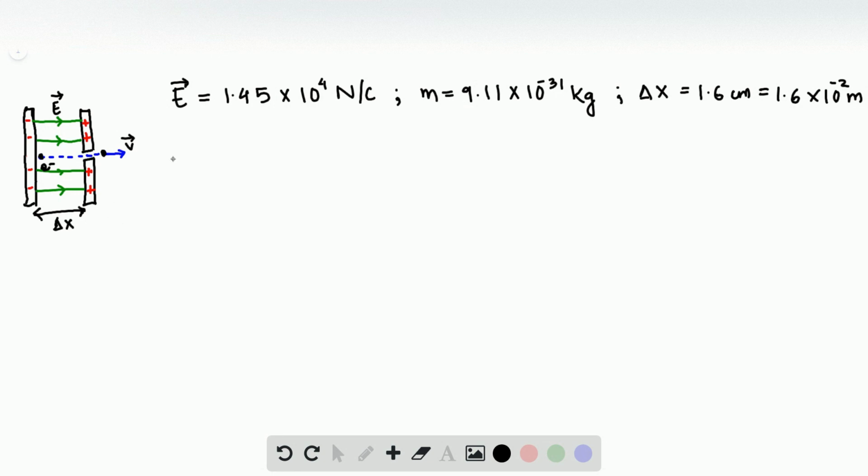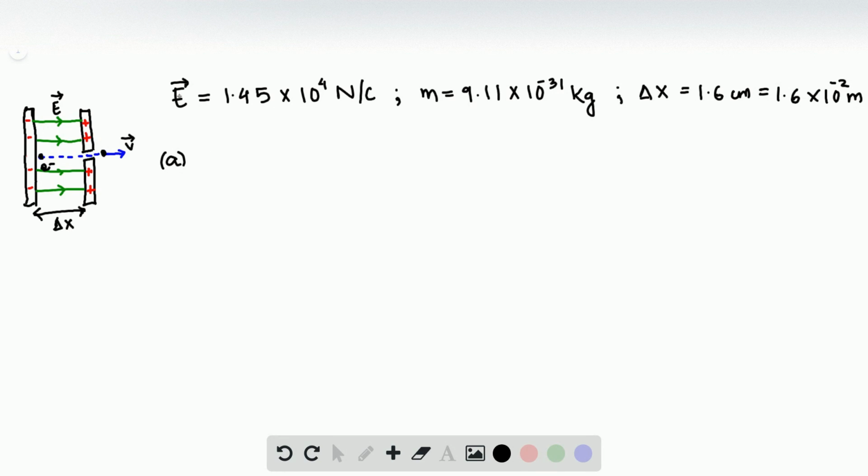Now let's move on to do the first part A, where we have to find the acceleration of the electron. And then using kinematic equations, we have to find the velocity of the electron when it leaves the hole here.